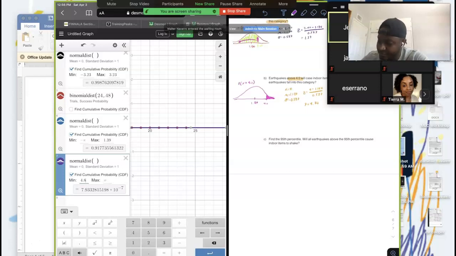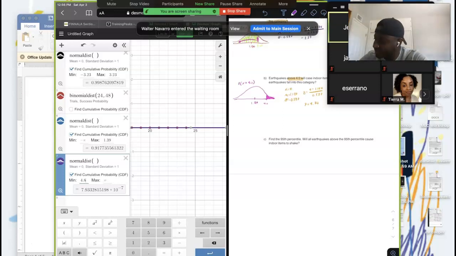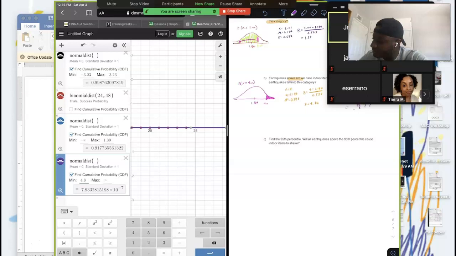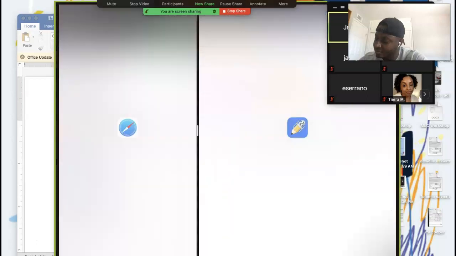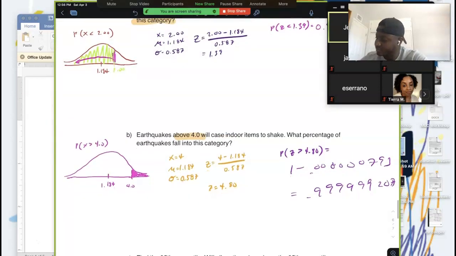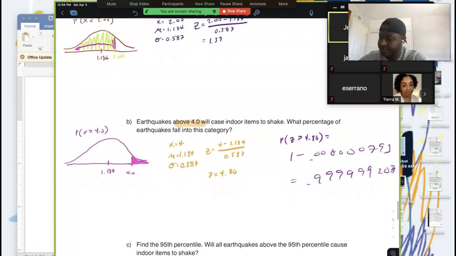You have to move the decimal place over 7 times, and then 793. So that'll give me 0.99999.